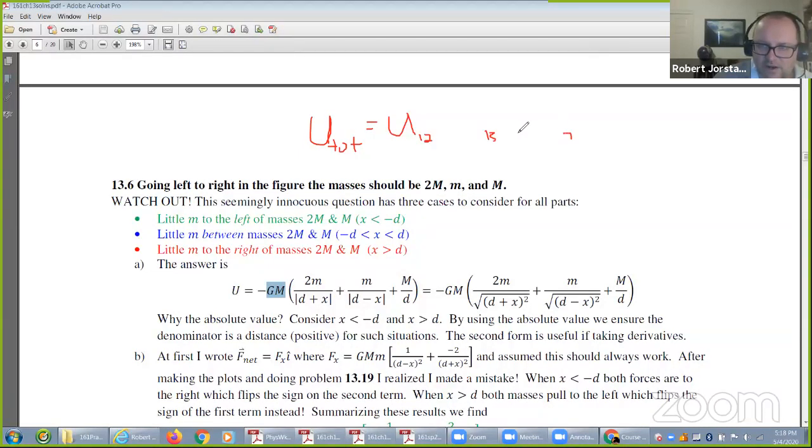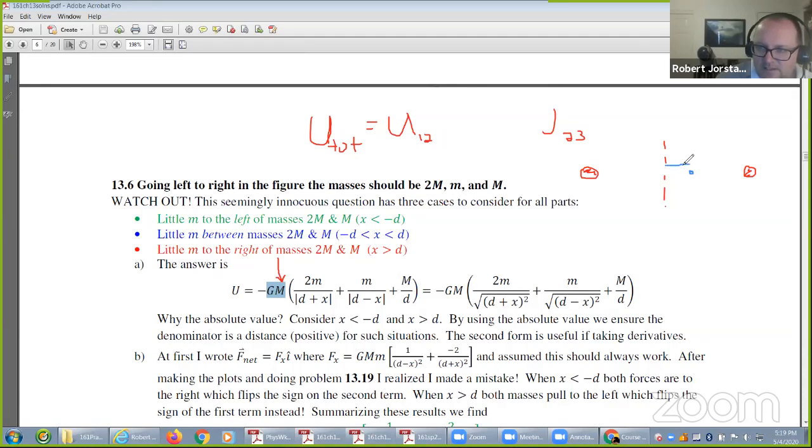So there's 3 terms with 3 masses, 6 terms with 4 masses. And I never go above 4 for a test question. So notice in this case, every term has a big M, because there was a big mass here, a big mass here, and then a little mass right here.